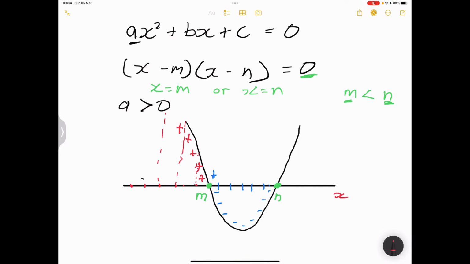Then the graph changes. Any corresponding y value after that is now greater than 0. So our graph becomes positive yet again.